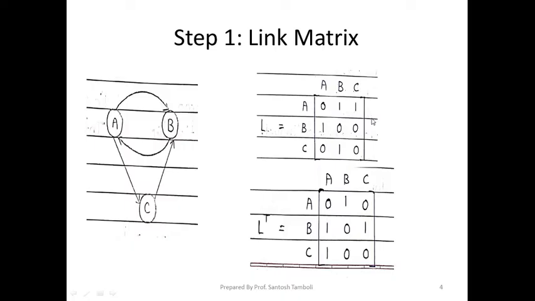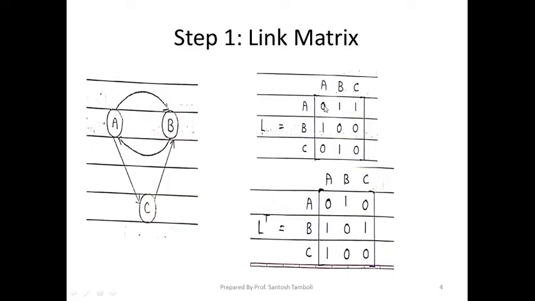How do we construct it? We label the rows by the web page names A, B, C, and the column names are also A, B and C. From the diagram, web page A is connected to B and C. Whenever there is a connection, write the entry as 1, and if there is no connection, write the entry as 0.